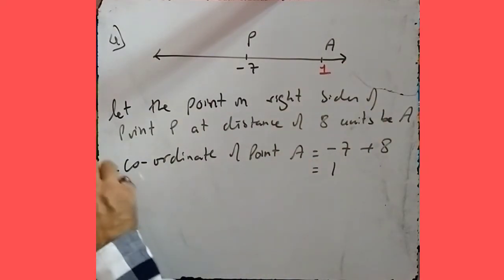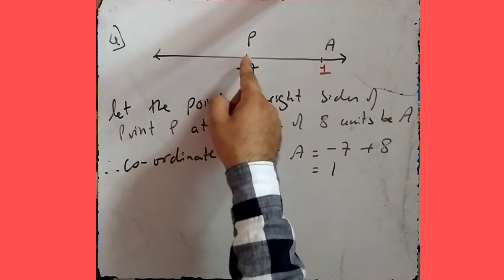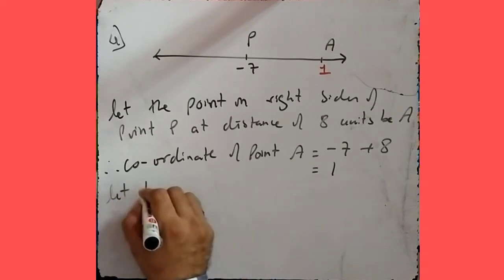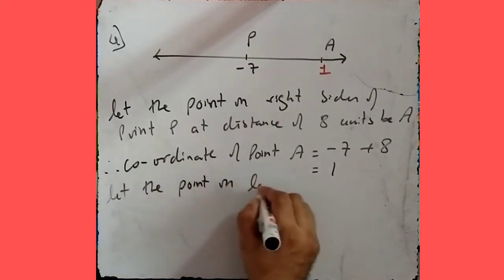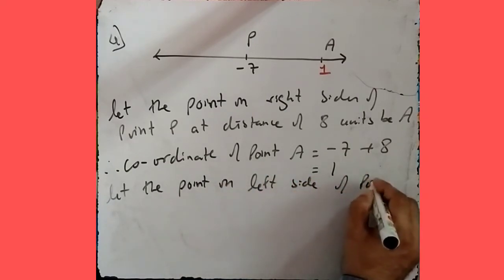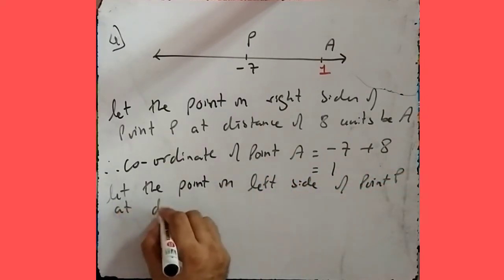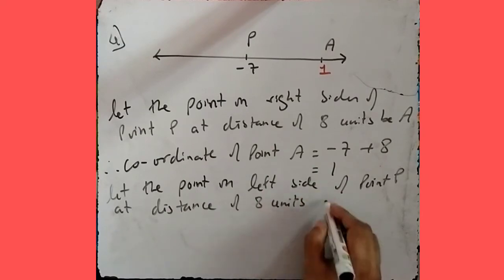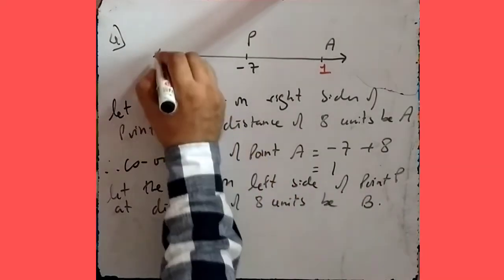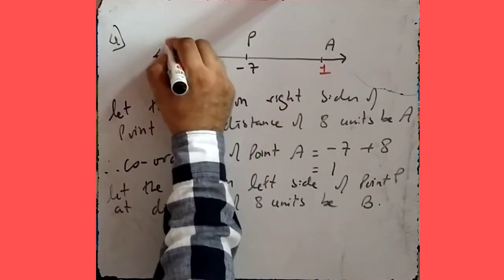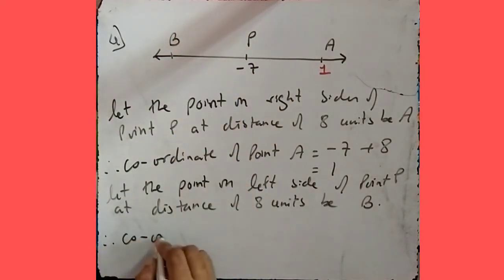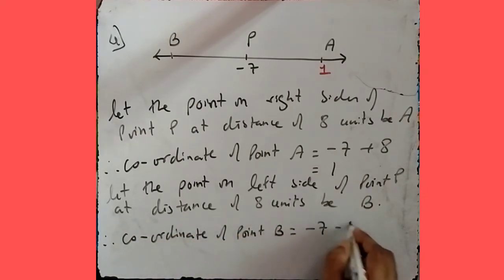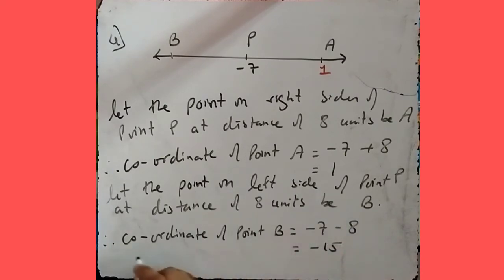Now we have to also find out the coordinate of such a point which is on the left side of point P. Let the point on left side of point P at distance of 8 units be B. Therefore, coordinate of point B is equal to minus 7 minus 8 is equal to minus 15.